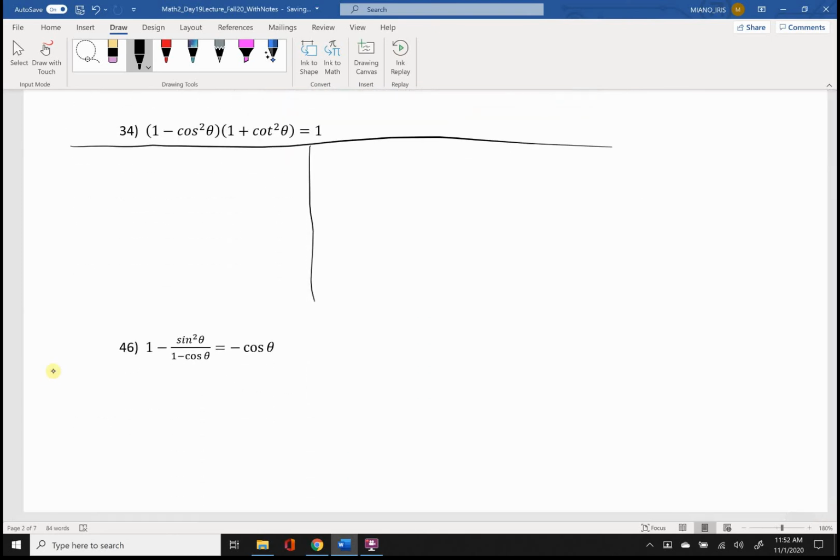So again, 1 minus cosine squared theta can be rewritten as sine squared theta. And then 1 plus cotangent squared theta is cosecant squared theta. Well, the cosecant squared theta is actually 1 over the sine squared theta.